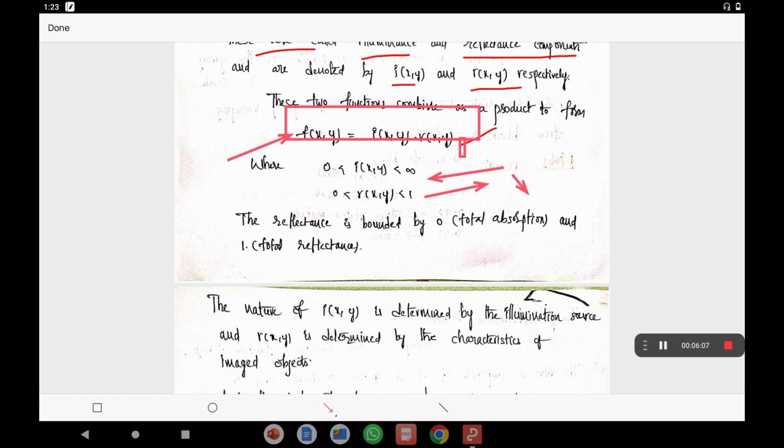So what represents 0 and what represents 1? That is another question in your mind, right?